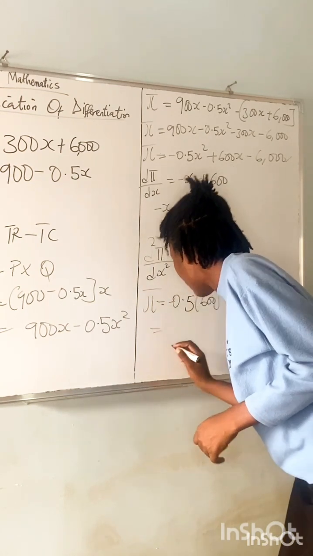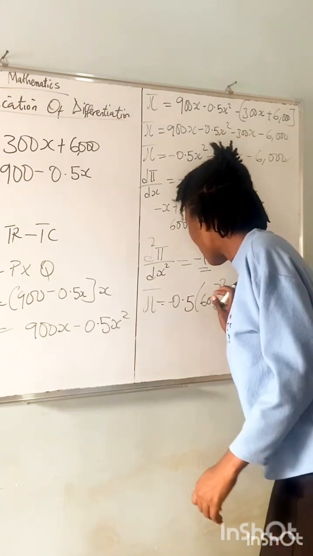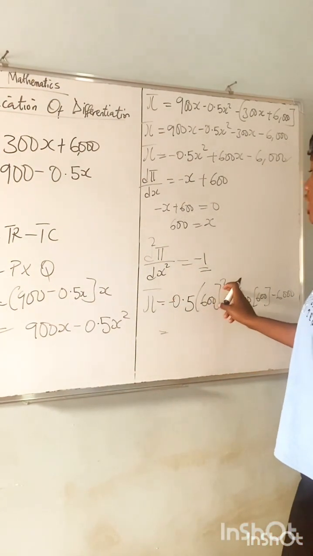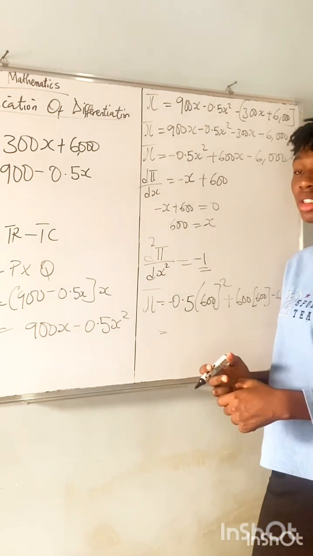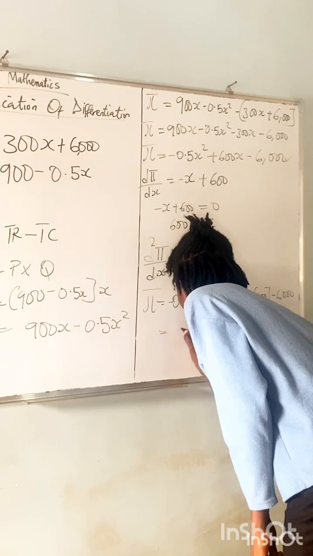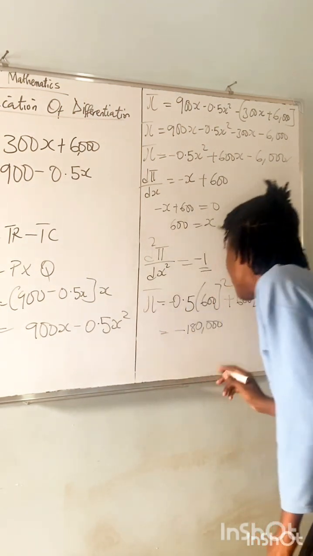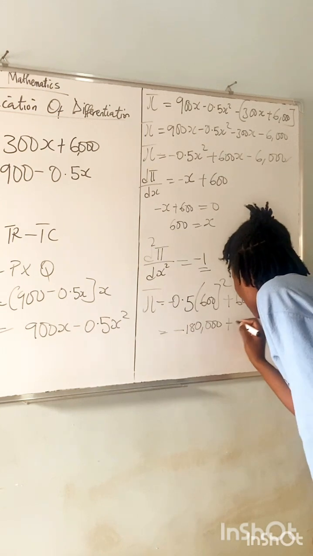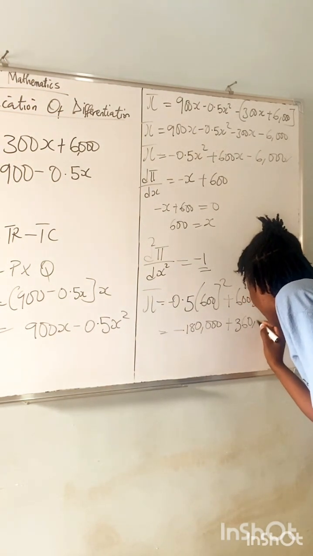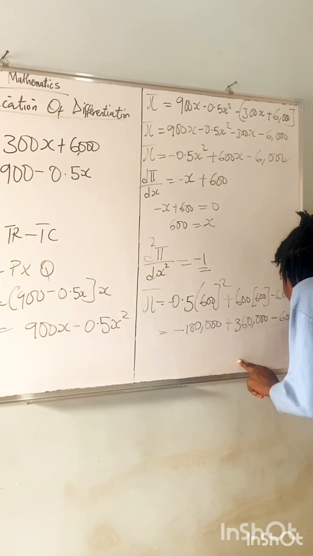Alright, so when we solve this, when we expand, 600 squared will be 360,000, right? Then times minus 0.5 we'll be having minus 180,000, right? Then when we multiply this, we'll be having plus 360,000, and then lastly minus 6,000 naira.